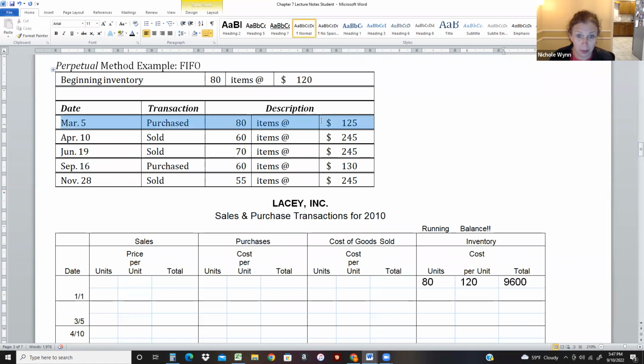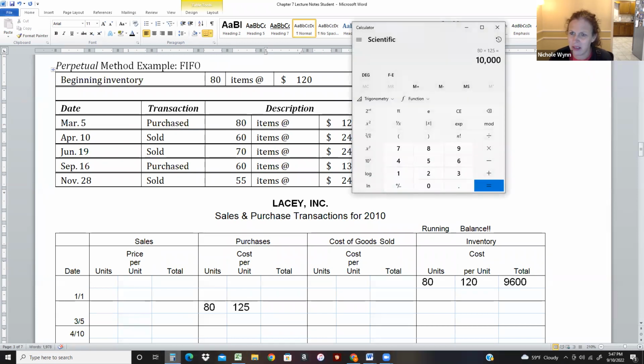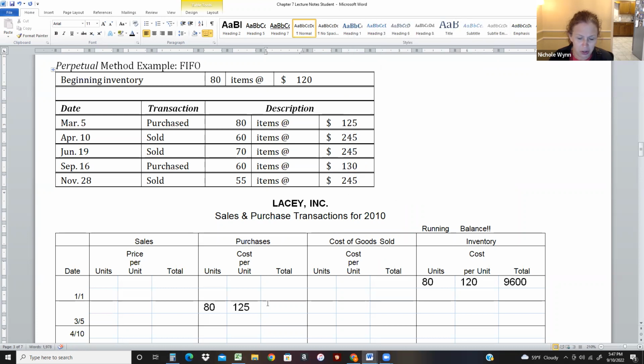Apparently nothing happened between January 1 and March 5th, but on March 5th, I'm going to buy 80 units. I must know that something big's about to happen. I am going to purchase 80 units, and the price went up to 125. So 80 times 125 is 10,000. So that's what I purchased.